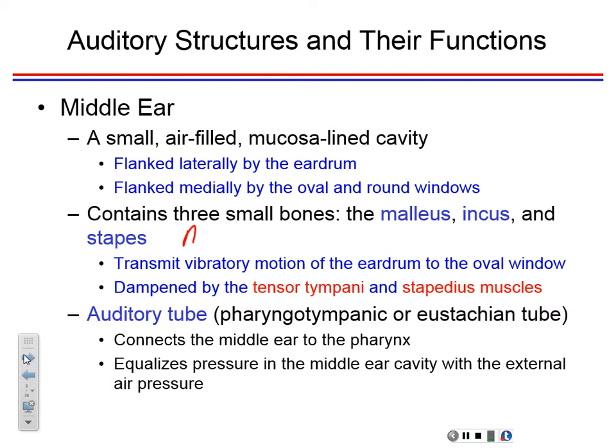So you can remember that order. If I ask how sound waves are channeled to the inner ear, you will need to know that order. Then it beats on the oval window. There is another round window that occurs on the scala tympani, and I'll show you later on.